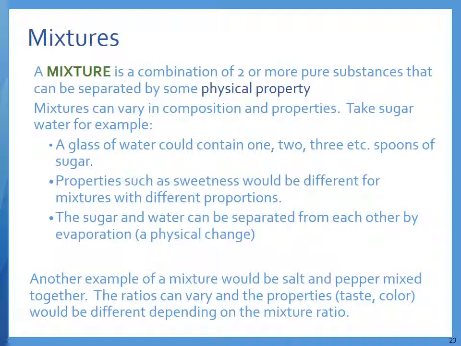So for example, if you took a glass of water and put 1 teaspoon of sugar, and then took a different glass of water and put 2 teaspoons of sugar, the ratio would be different. The properties would also be different because the one with 2 teaspoons would be more sweet than the first one. The one with 3 teaspoons of sugar might actually be more cloudy than the other ones. So the properties are different.